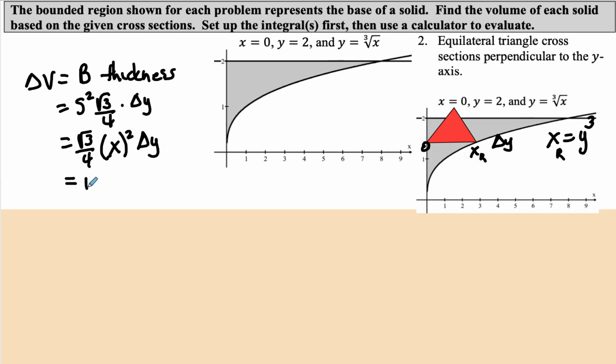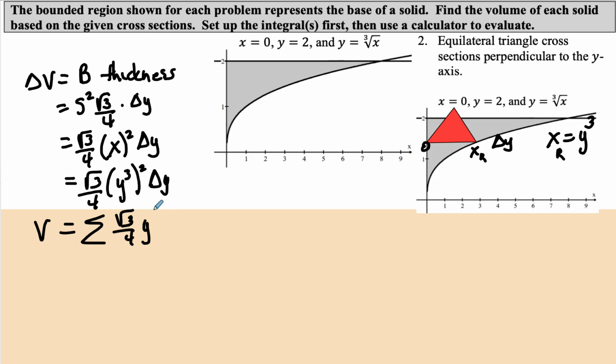And I want to replace that x, I have replaced it with y cubed. And now I can kind of clean things up. The volume will be the sum of root 3 over 4 y to the 6th power delta y. And our volume will be the integral, and this will go from y equals 0 up to y equals 2 of root 3 over 4 y to the 6th dy.